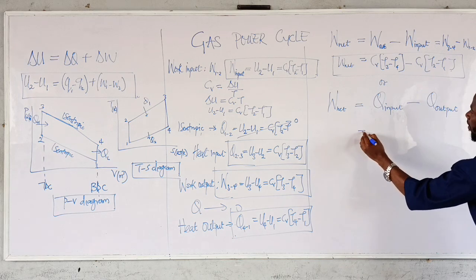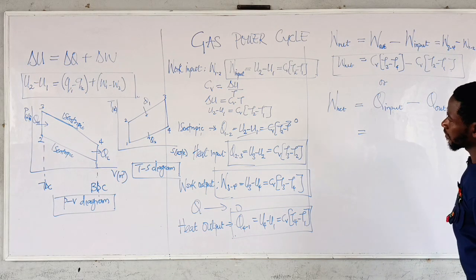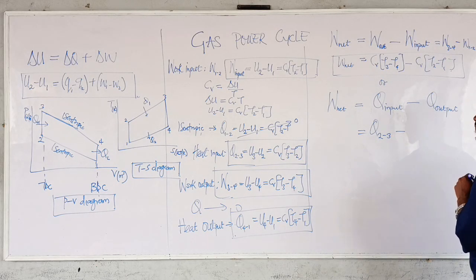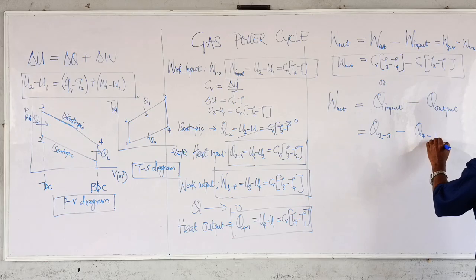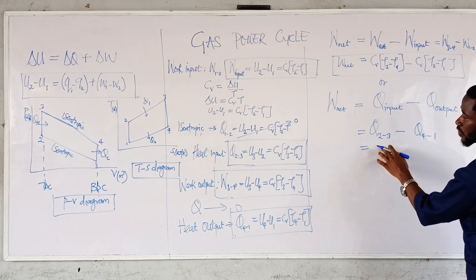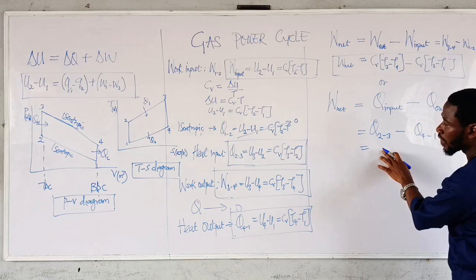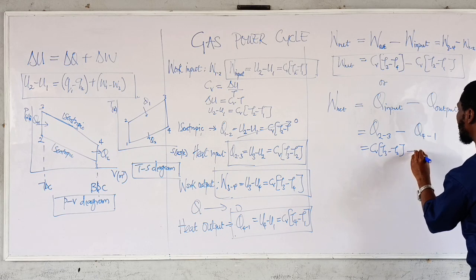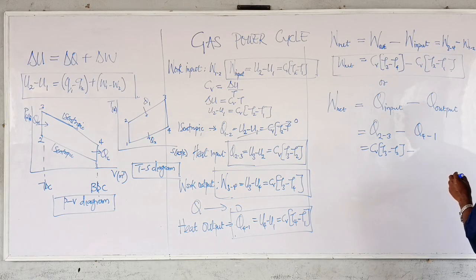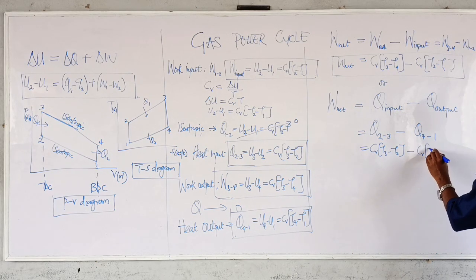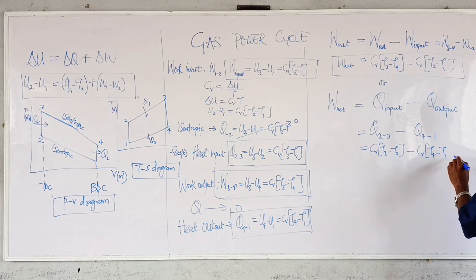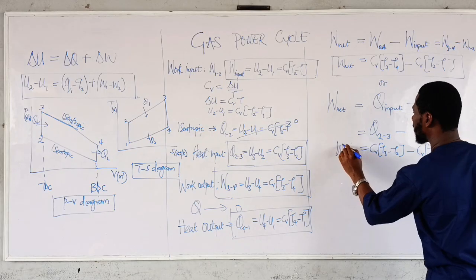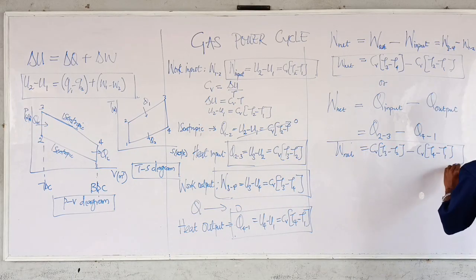And Q input is Q2 to 3 minus Q4 to 1, which is the same thing as Q2 to 3, given as what? Cv into bracket T3 minus T2, minus Cv into bracket T4 minus T1. So this can also be expressed as this.